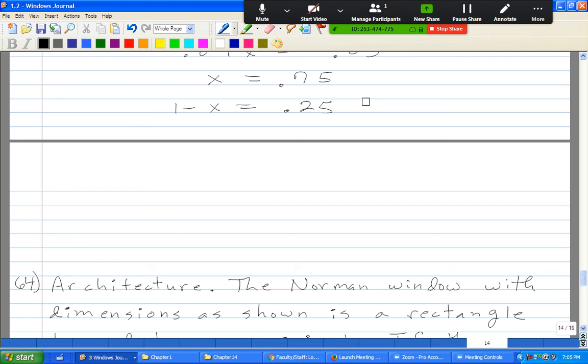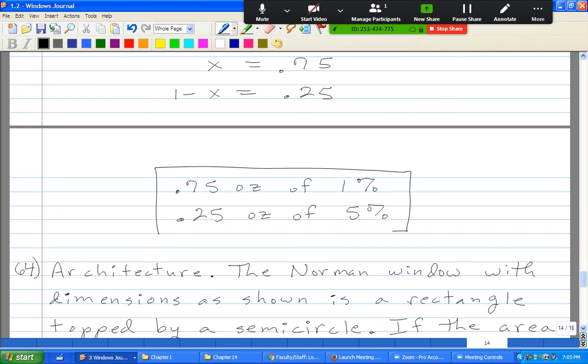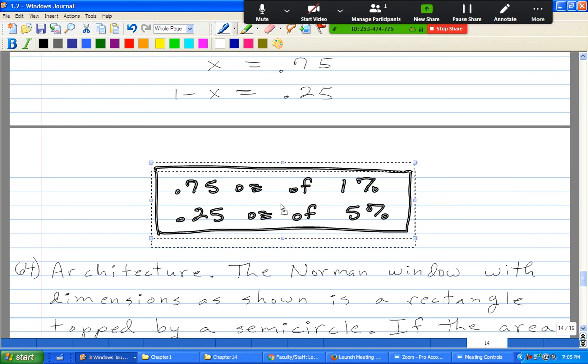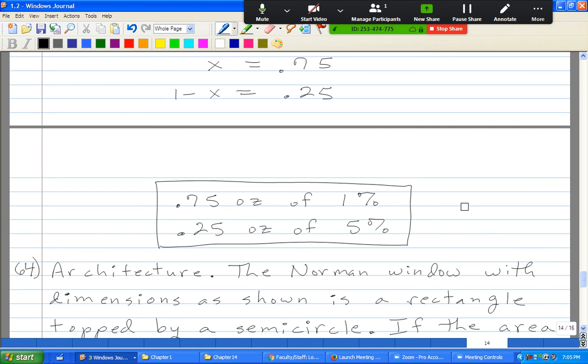And so I have x is 0.75, and so 0.75 ounces of the 1% hydrocortisone and 0.25 ounces of the 5% hydrocortisone. And that is your answer. Actually, it doesn't look like it's too high. And so that's your answer.